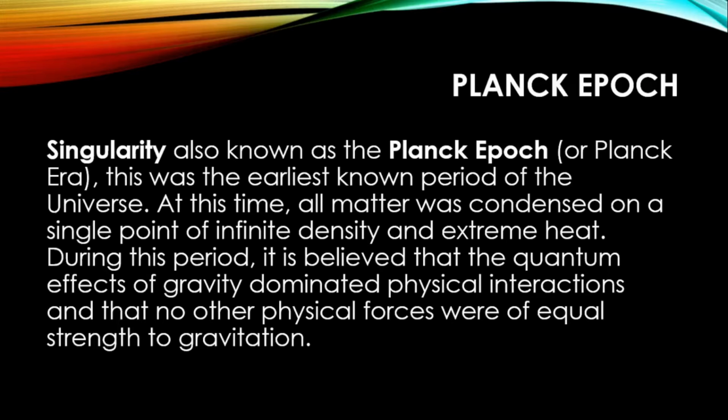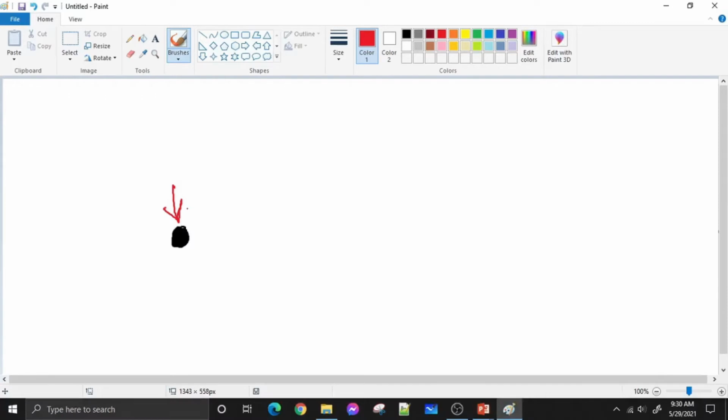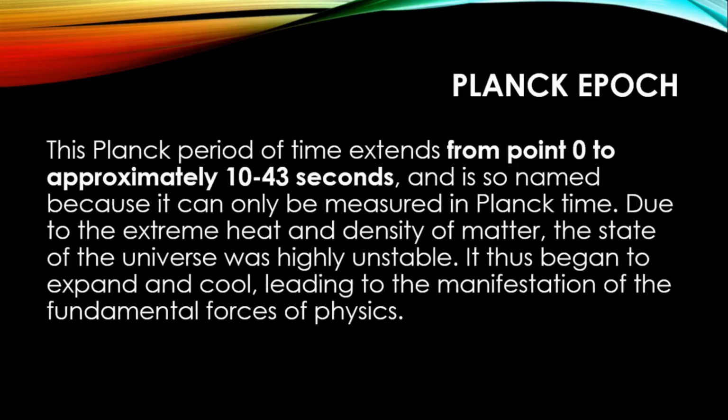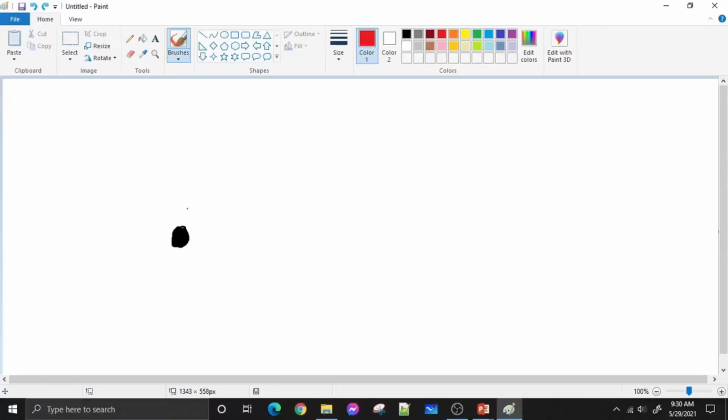All matter was condensed on a single point of infinite density, with extreme heat. And then this Planck period of time extends from 0 to approximately 10 to the power of negative 43 seconds. If we are to picture that, it will be like this.